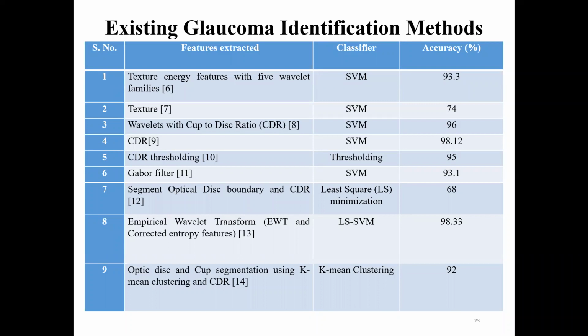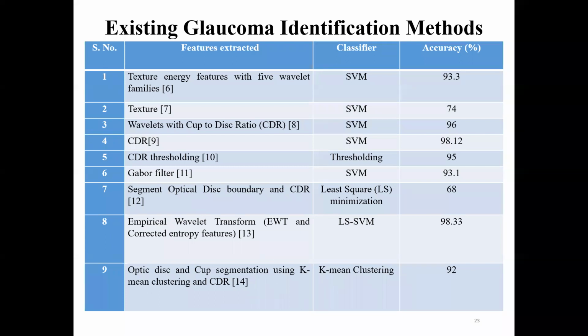literature survey observations here. In the first one, texture energy features with 5 wavelet families, in which they use the support vector machine classifier, the accuracy of diagnosis achieved is 93.3%.